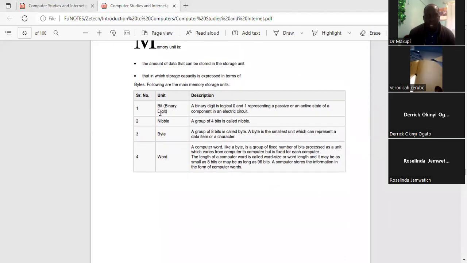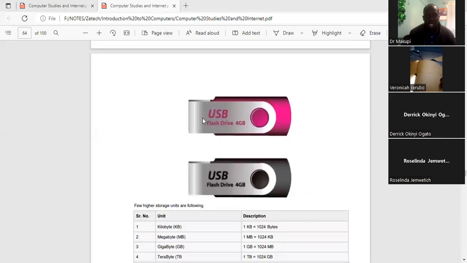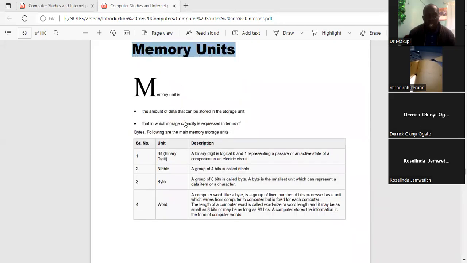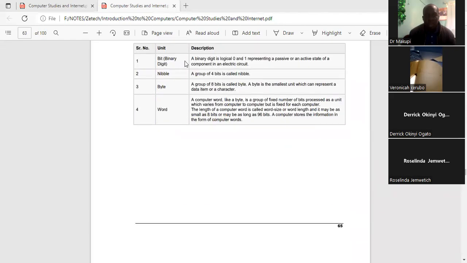We normally separate the storage sizes in terms of low storage units and high storage units. The low storage unit is the lowest representation of data in a storage device. A bit is actually a logical 0 or 1. Remember I said in the other class that computers understand only 0 and 1.